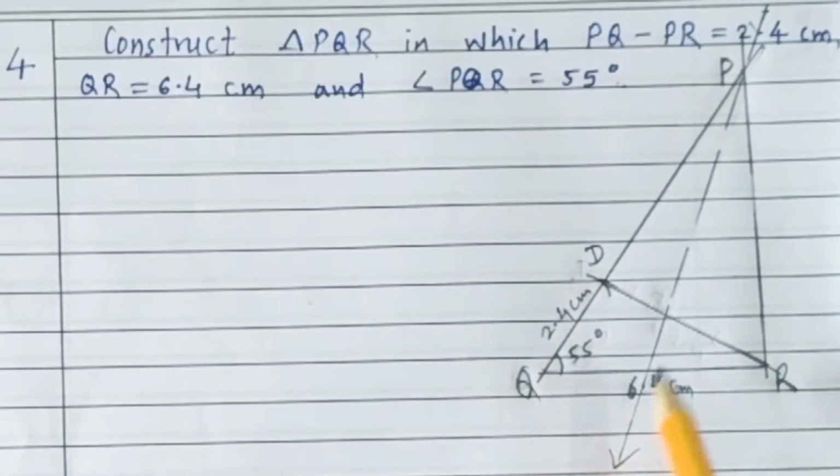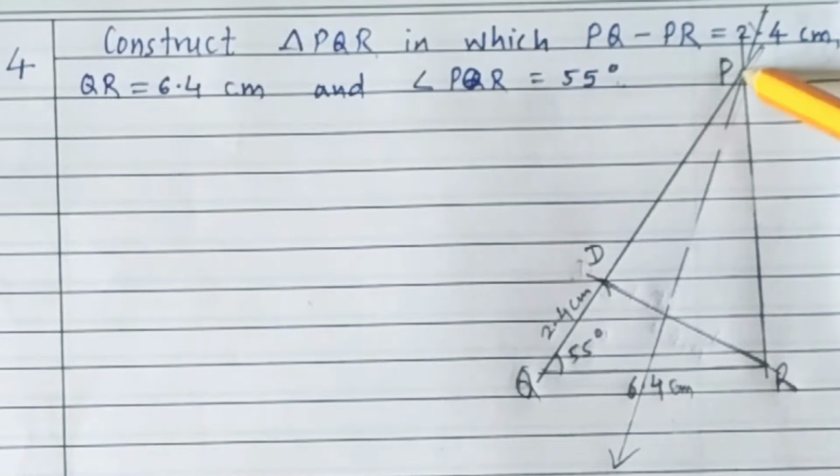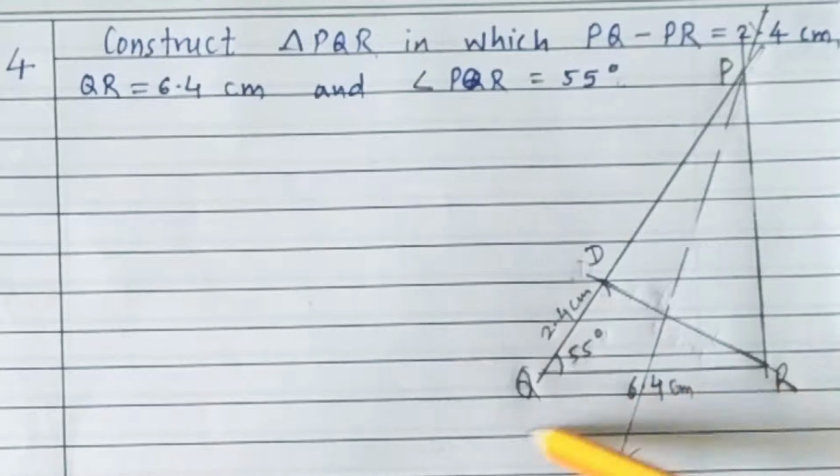Now take distance equal to 2.4 centimeter in the compass and plot a point D on this ray. Then join DR, draw the perpendicular bisector of DR. Wherever the perpendicular will intersect the ray which is going in upward direction, it will be our point P, and join PR.